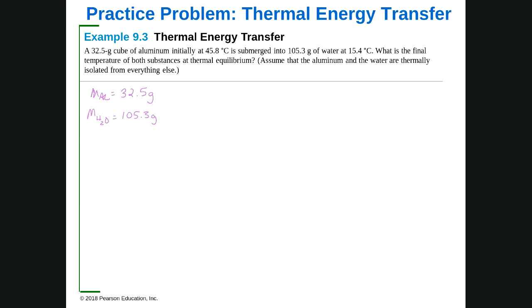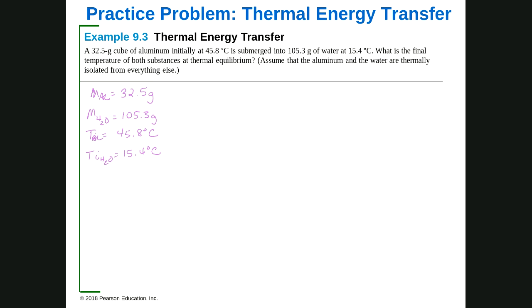The initial temperature of the aluminum is 45.8 degrees C. Then the initial temperature of the water, it tells you, is 15.4 degrees C. So I'm writing everything that it's telling me right now.